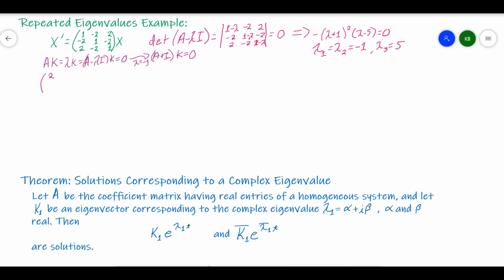And I have negative 2 plus 0, so negative 2, 2 plus 0, negative 2 plus 0. Remember, all we're doing is adding 1's down the main diagonal. That's what I is doing. So 1 plus 1 will be 2, negative 2 plus 0, 2 plus 0, negative 2 plus 0, and 1 plus 1 is 2.